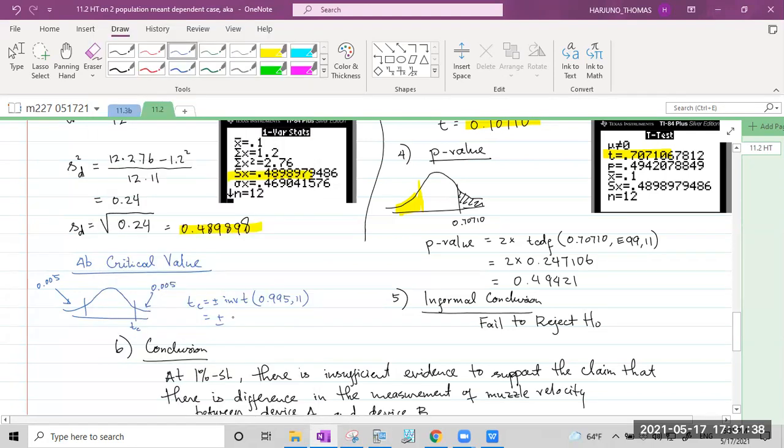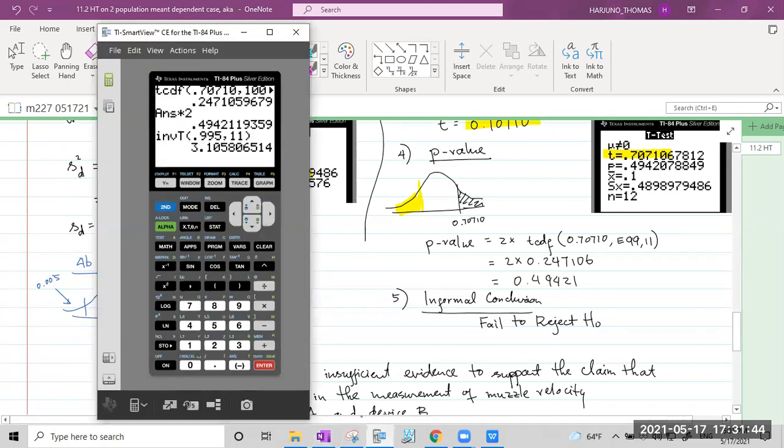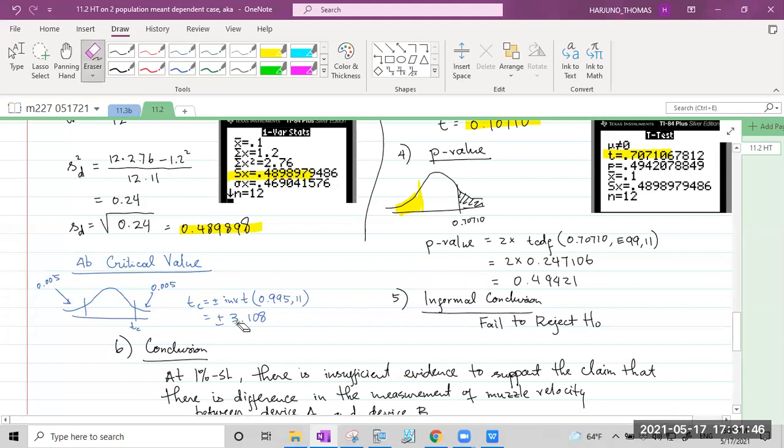That's plus minus 3.10581, while our t test statistic is actually 0.7. That's why we failed to reject the null hypothesis.